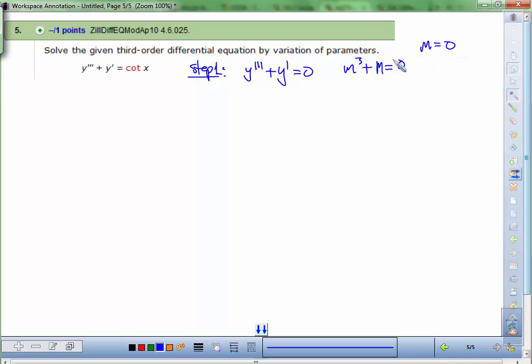And then you got m squared plus 1, which is going to generate a couple of complex numbers. So our 3 fundamental solutions for the homogeneous are going to be e to the 0 and e to the i, which is going to generate sines and cosines. So y2 will be cosine x, y3 would be sine x.